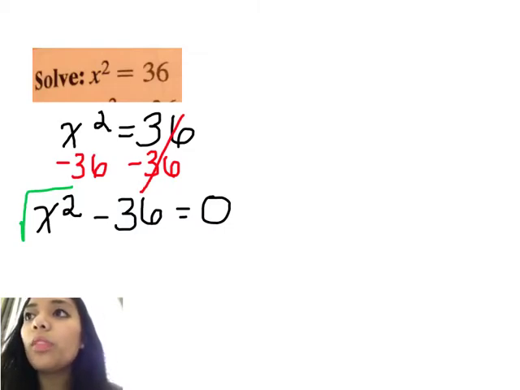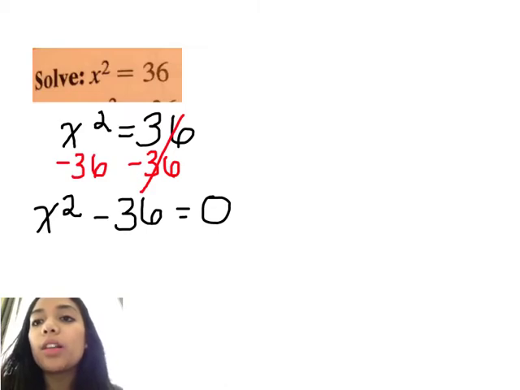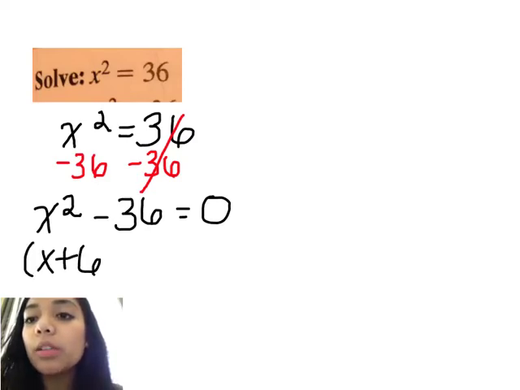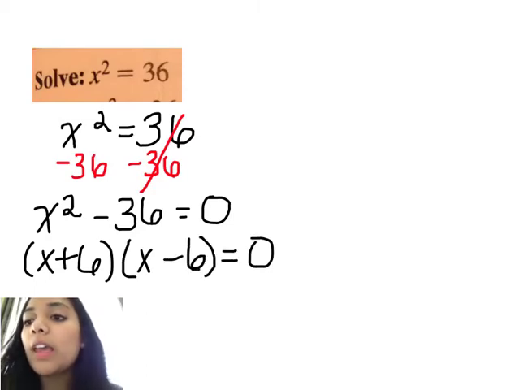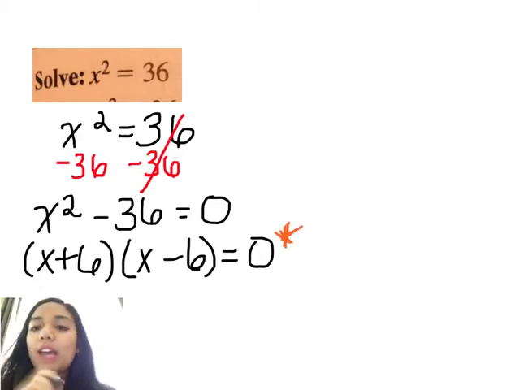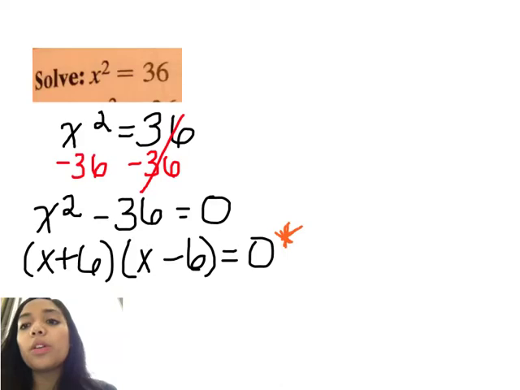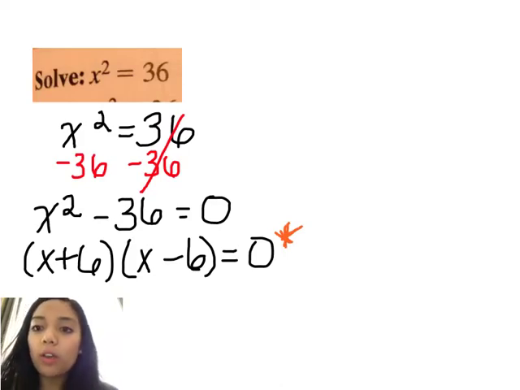So I have to do x plus 6, x minus 6, because it's a perfect square, a special product. X plus 6, x minus 6 equals 0. If this is a step that you are unsure of, write that down in your notebook, because tomorrow we can go over it. I just don't want to waste time on this lesson going over it, because that's not what this lesson is about. This lesson is about solving for your x's.